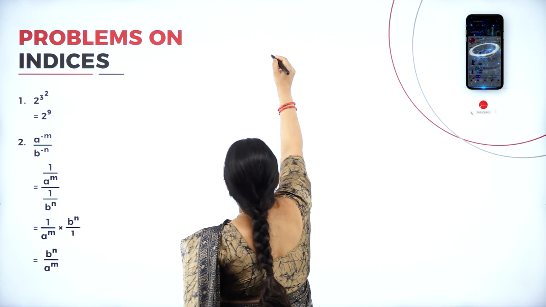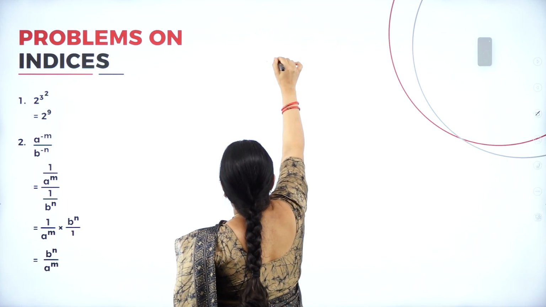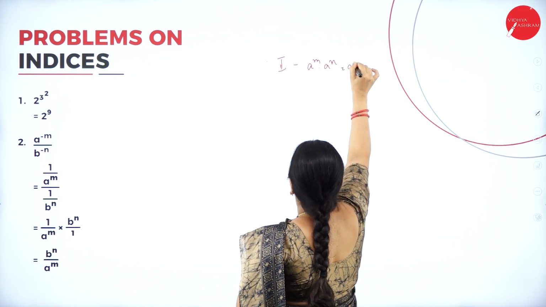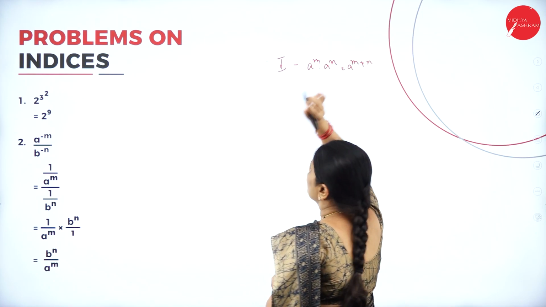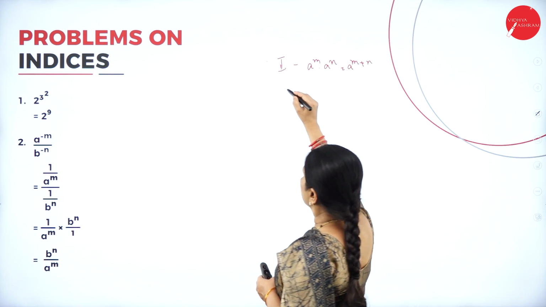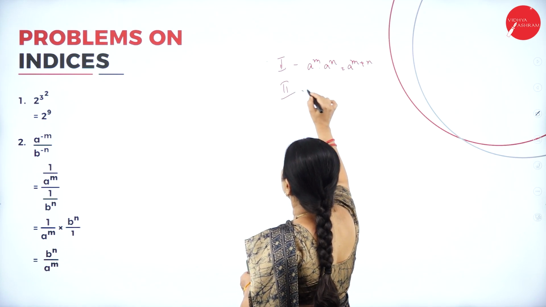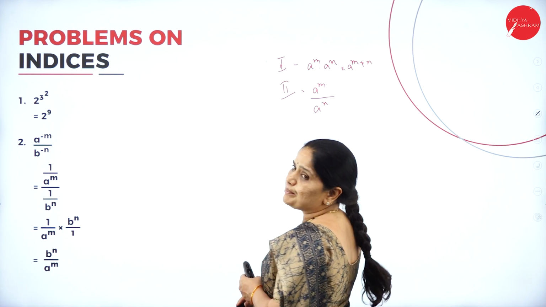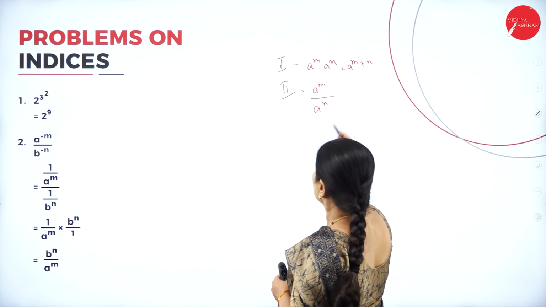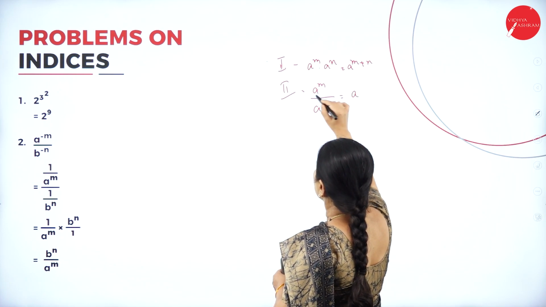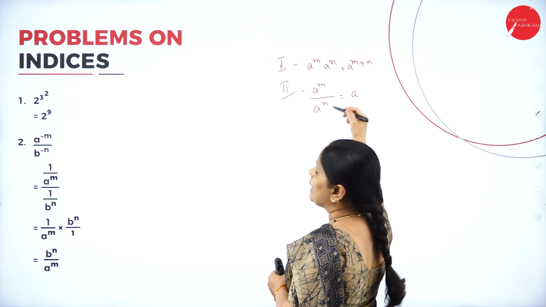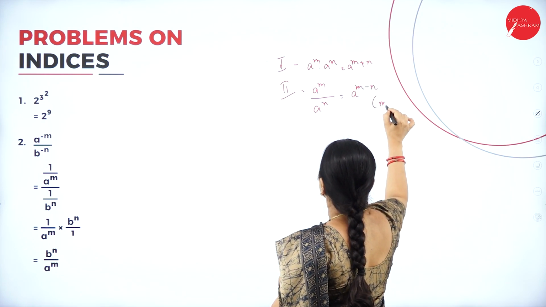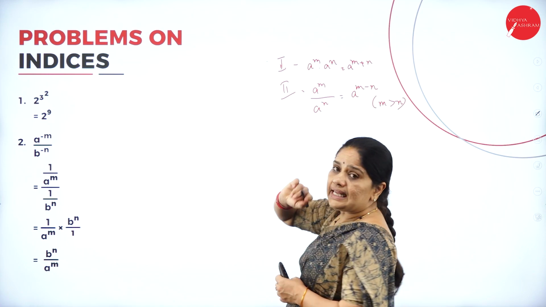Now, what does the first law tell us? The first law tells us that a to the power of m into a to the power of n equals a to the power of m plus n. In the second law, suppose we have a division of two numbers with powers. If you have a to the power of m divided by a to the power of n, it will be a to the power of m minus n when m is greater than n.